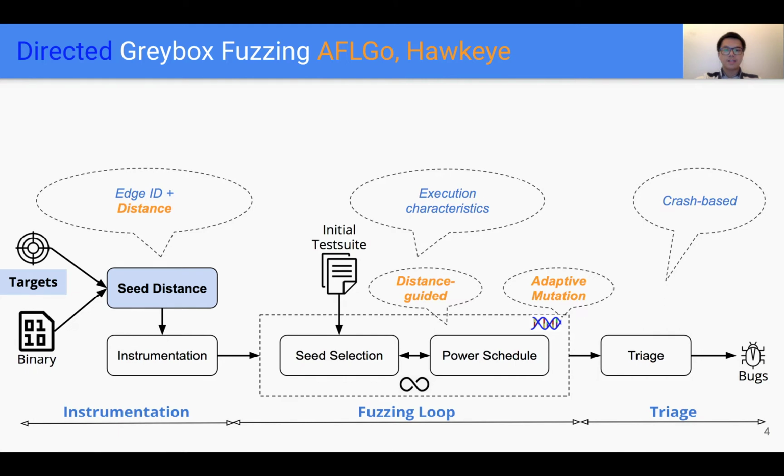As you can see in this workflow, directed greybox fuzzing also takes the targets as input, and then it uses a distance-guided metric to guide the search at runtime. The distance is pre-computed at the instrumentation phase between each basic block and a set of targets, and then the directed fuzzer favors inputs that are closer to the target.